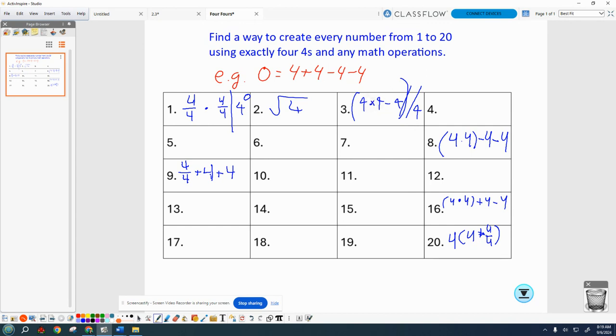So 16 minus 4 is 12, divided by 4 is 3. Okay. And there are multiple ways to get at these. So if you guys want to put up one that's already been solved, but you have a different way.